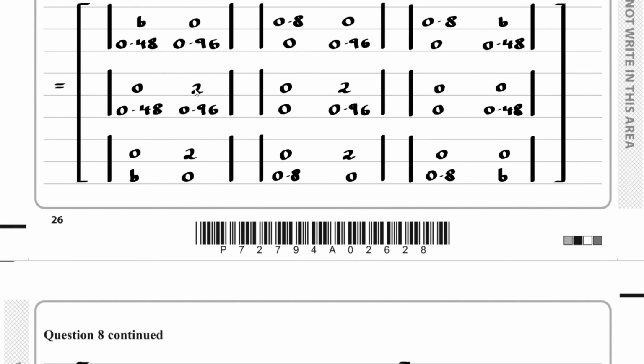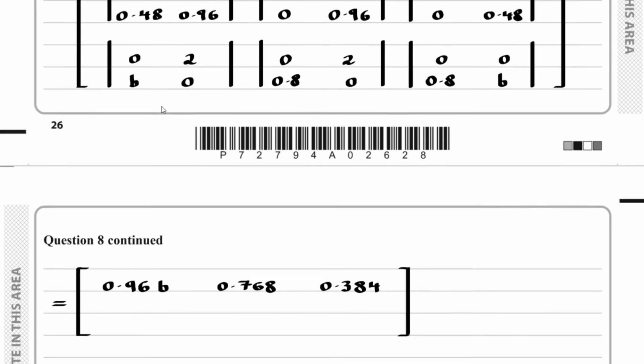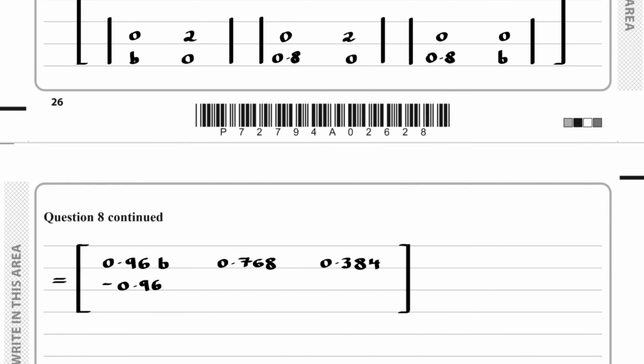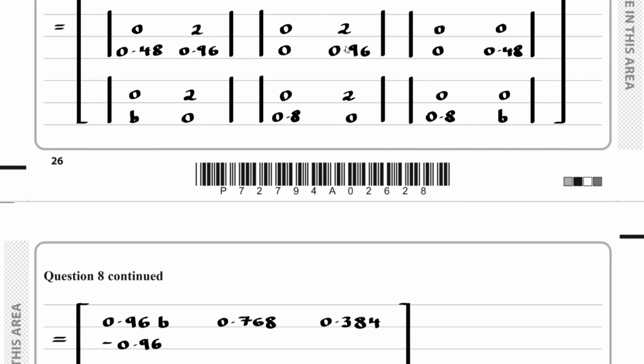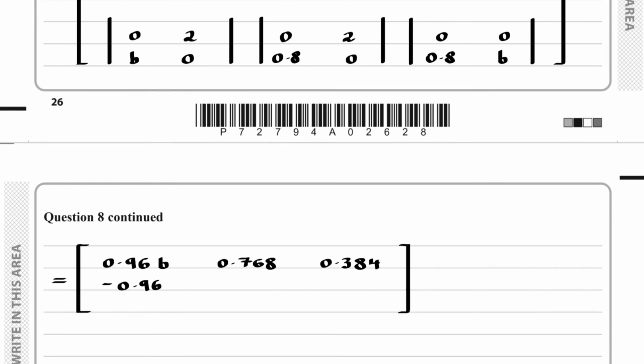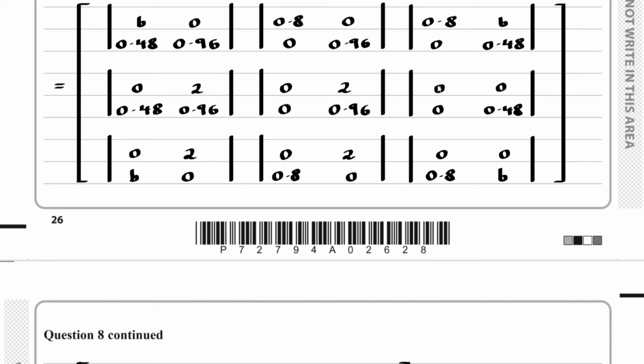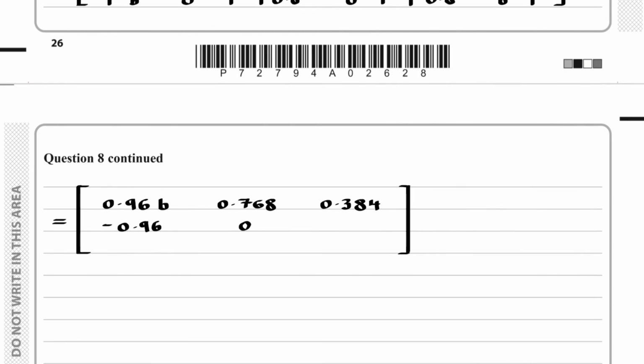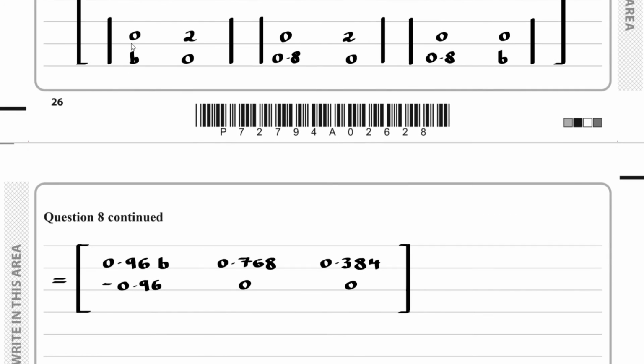Here I've got 0 subtract 2 times 0.48, which is minus 0.96. Here I've got 0 subtract 0, which is just 0. Here I've got 0 subtract 0, which is just 0. Here I've got 0 subtract 2B. Here I've got 0 subtract 2 times 0.8, which is minus 1.6. And here I've got 0 subtract 0, which is just 0.